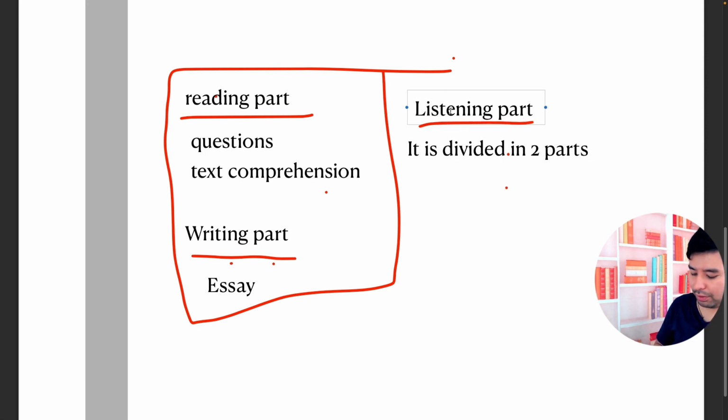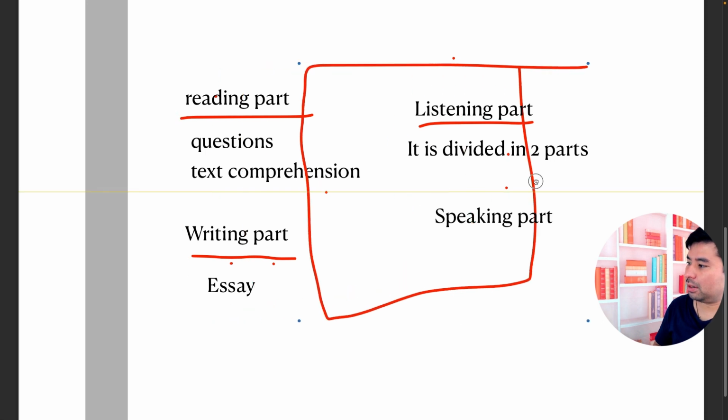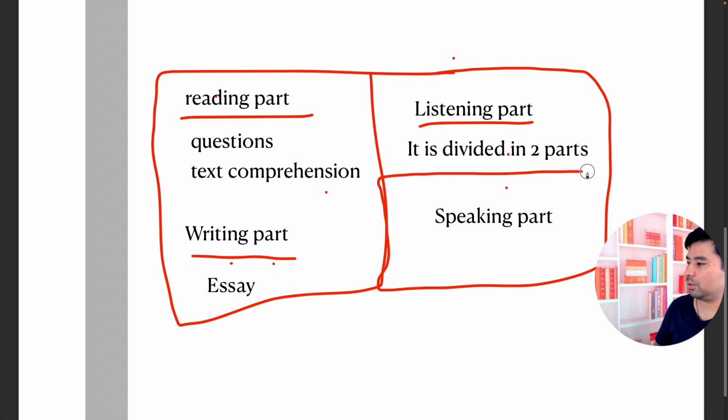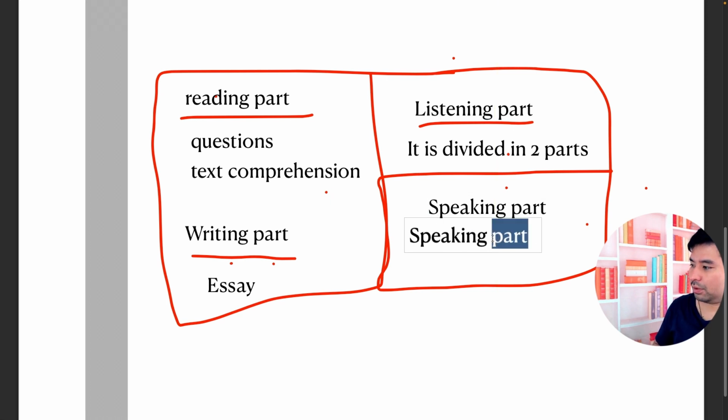And we have the final one, which is the speaking part, in which we have a card.